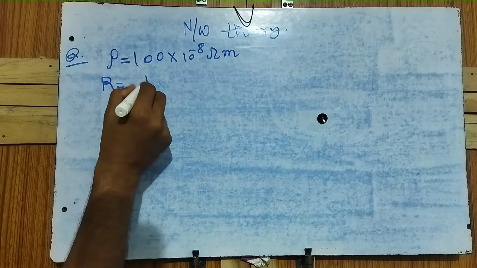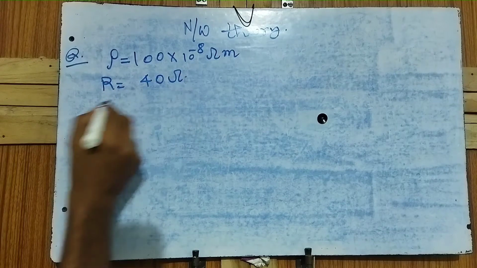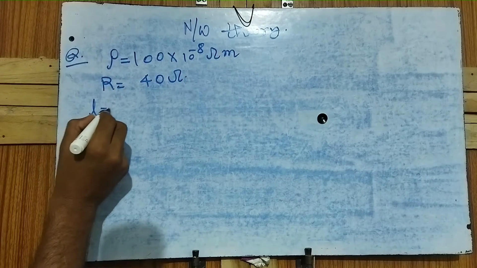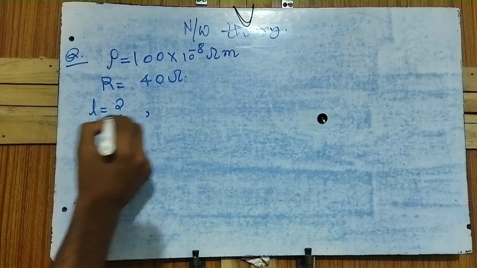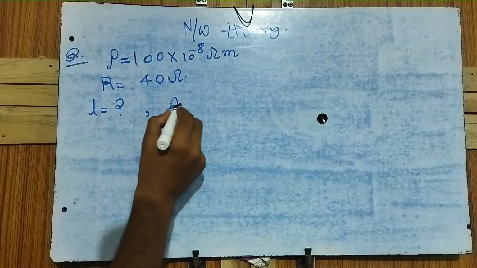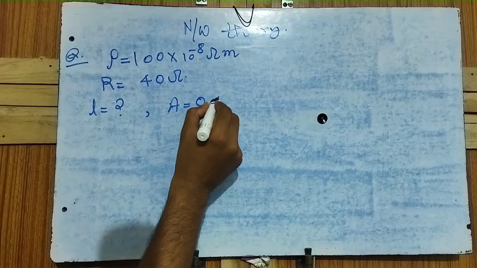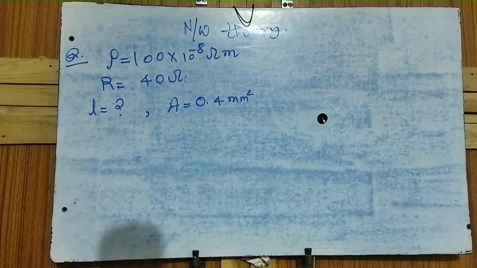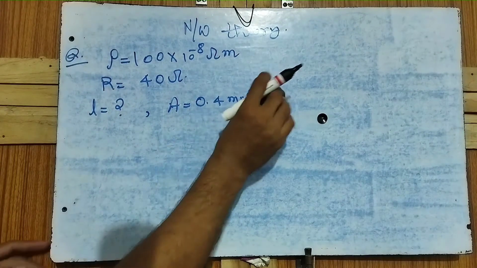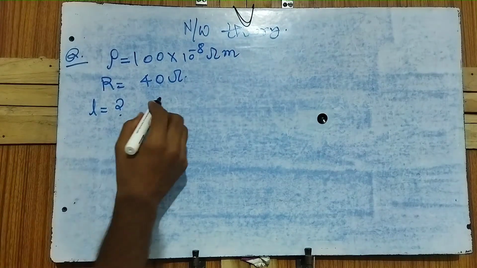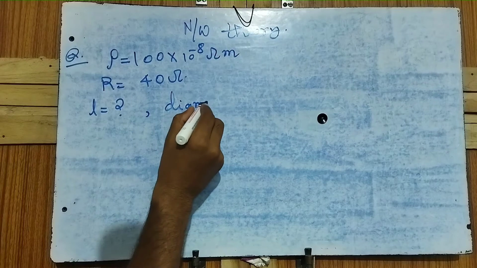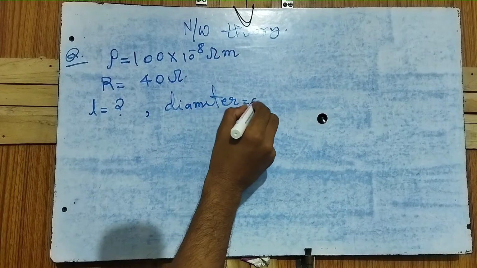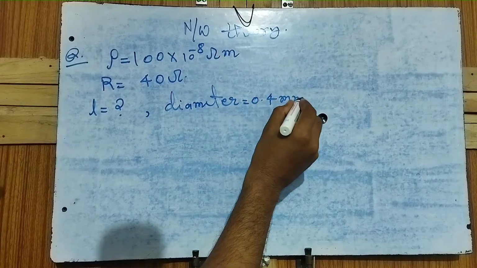And R is 40 ohm and L we have to calculate. Sorry, it is given as diameter. Diameter is given as 0.4 millimeter.